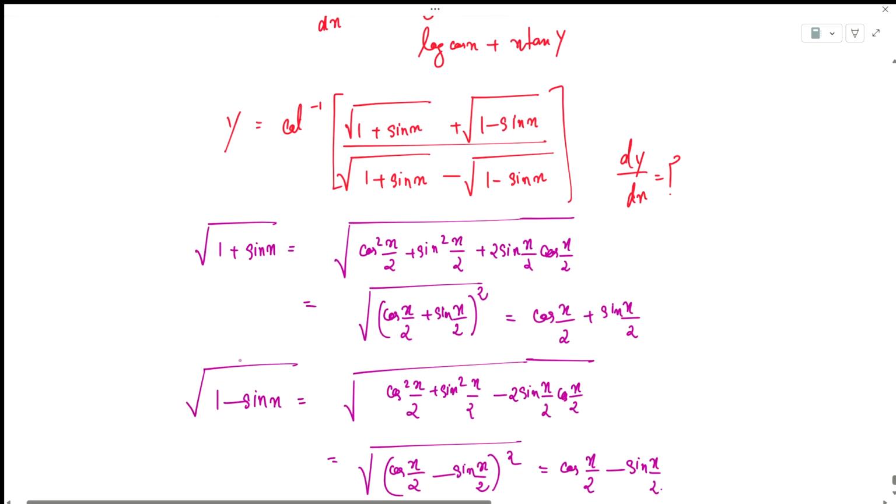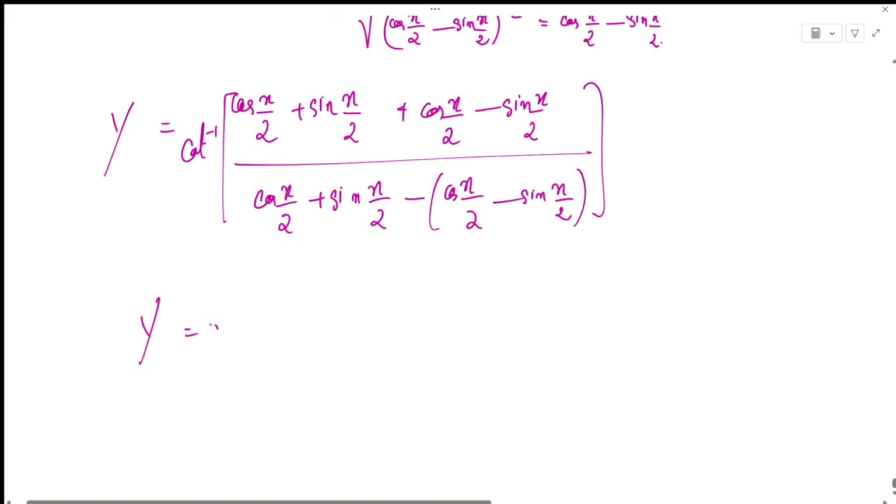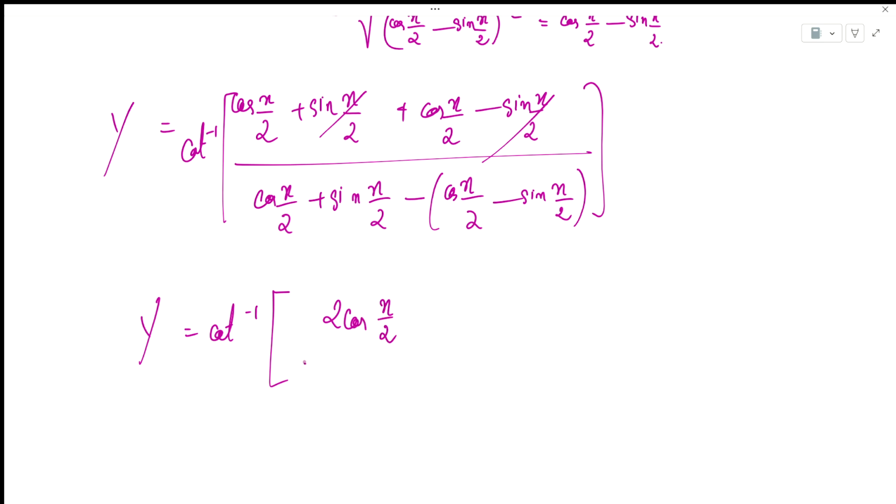Also we had a cot inverse on the outside. So y will be cot inverse. On the top, this will cancel out. We will have 2 times cos x by 2, and over here 2 times sine x by 2, so the 2 and 2 will cancel out.